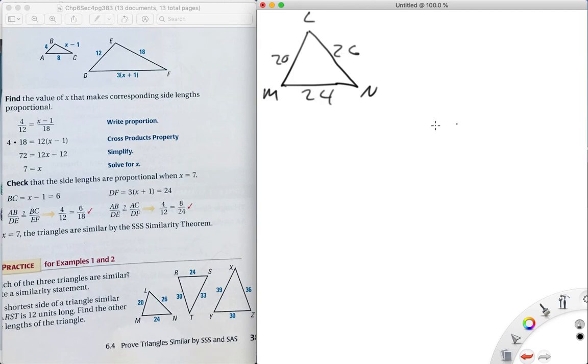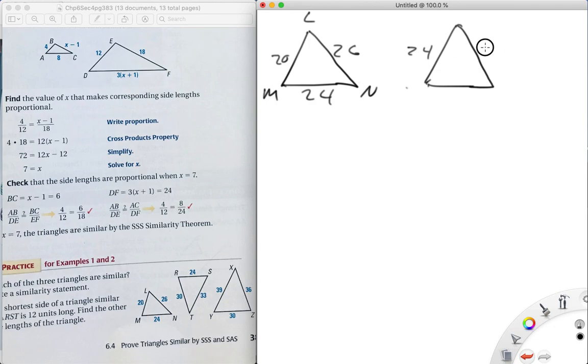So I'm going to rearrange the other triangle here along those same proportions. So the smallest, I'll say that this is the smallest here, 24.